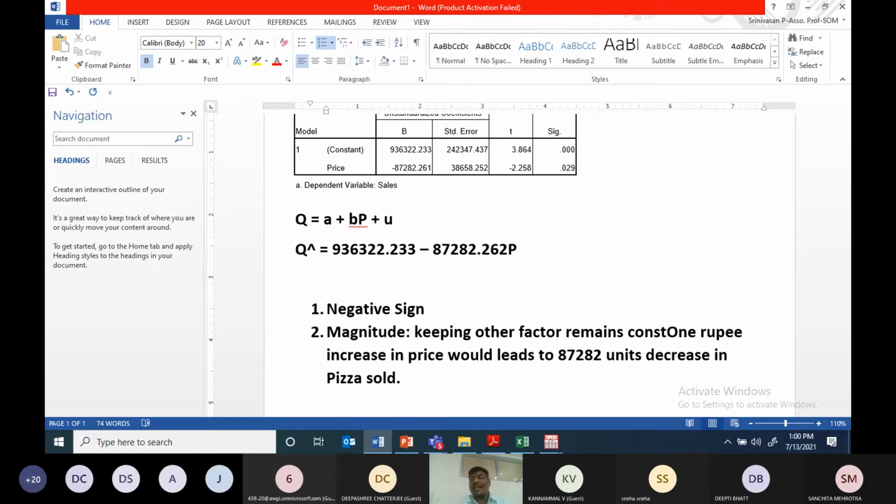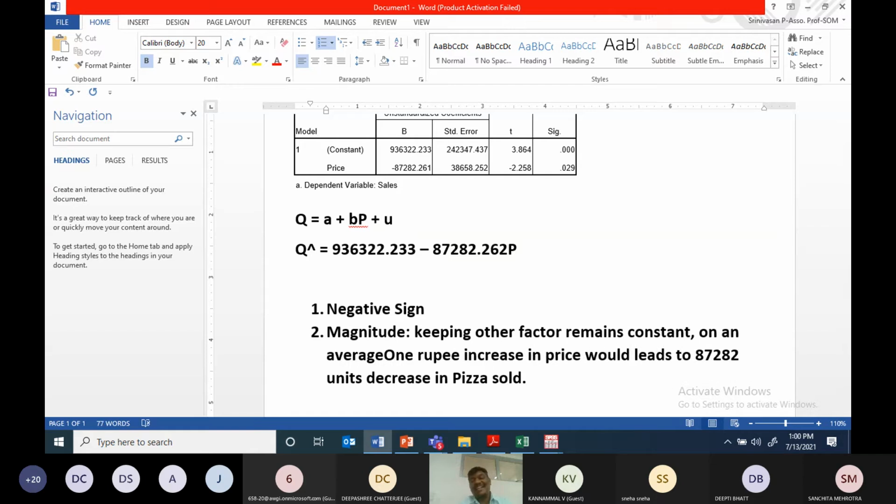So, keeping other factors constant, 1 rupee increase in price would lead to 87,282 units decrease in pizzas sold. Here I also want to include one more, on an average.